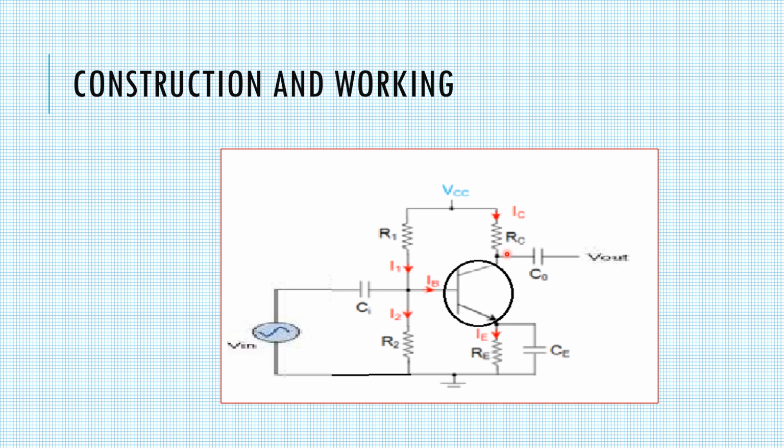Hence, there is a large amount of current present in this collector circuit. The weak signal is amplified, therefore the common emitter transistor works as an amplifier circuit.